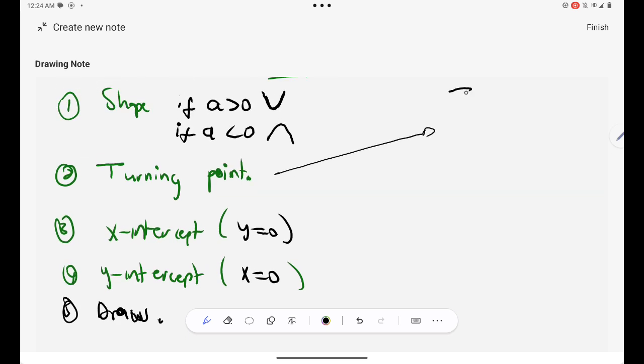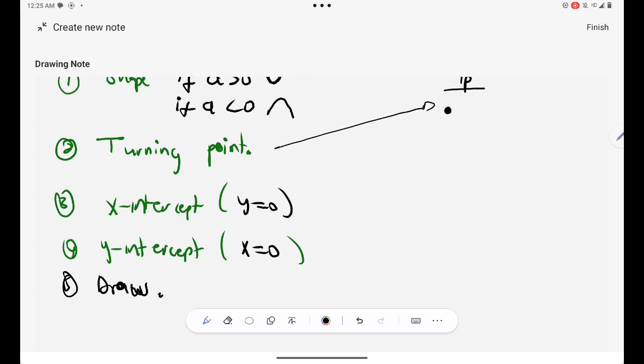There are various ways of finding the turning point. Step number 1, and these various ways will just give you the x value at the turning point, and your duty is to substitute the x value in the equation of the graph to get its corresponding y value. So you can find the x value by just saying minus b all over 2a.